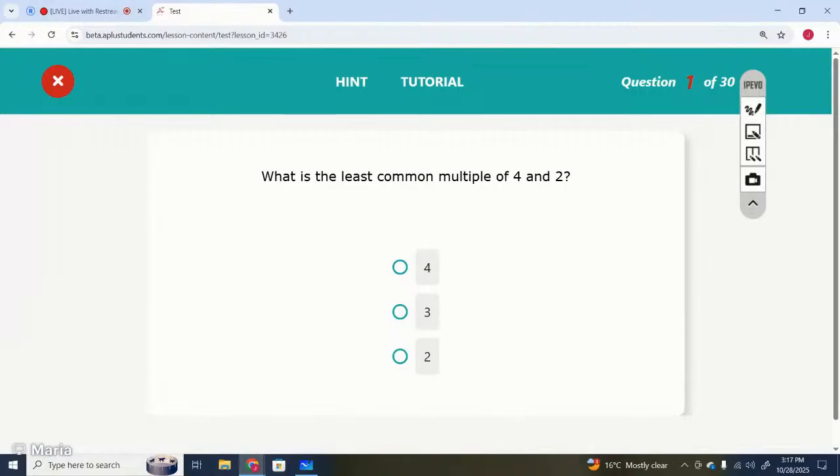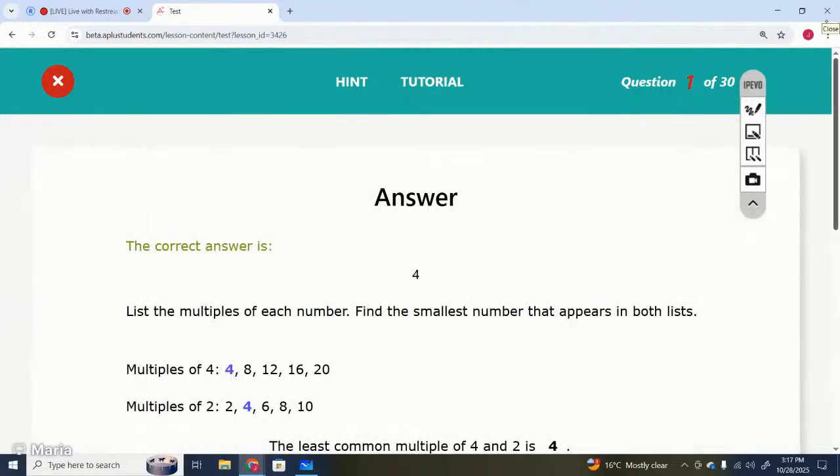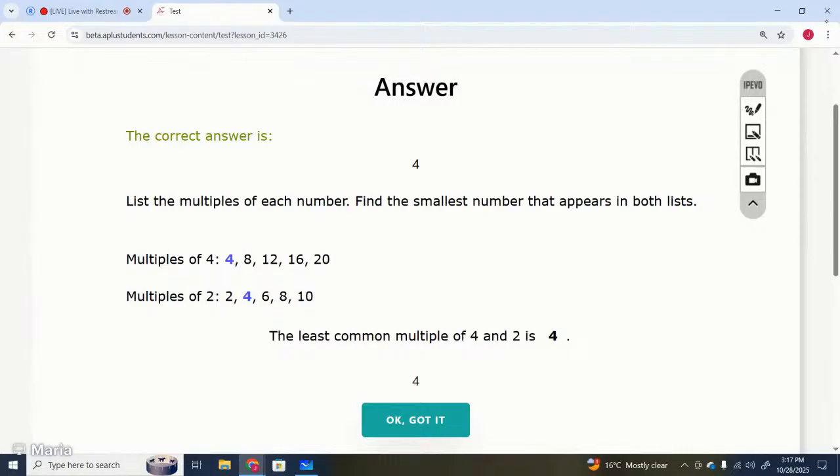That's the one we just did. So the multiples of 4 and 2 are... Oh, 4, sorry. The common multiple, the least common multiple is 4.